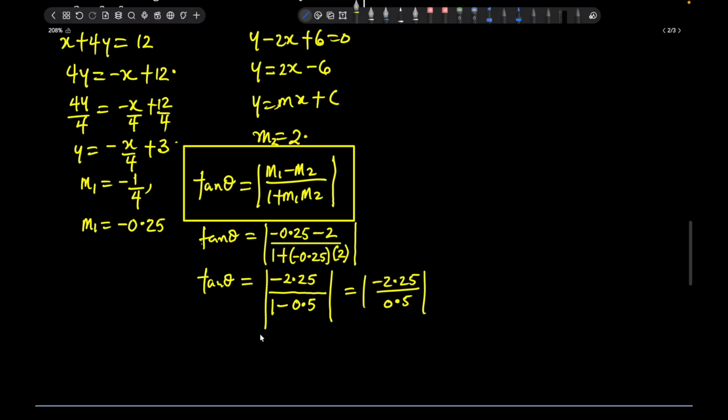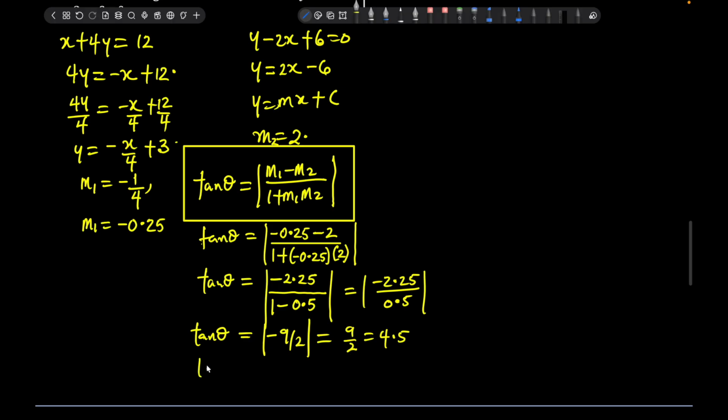Now tan theta equals to, let's divide 2.25 divided by 0.5. The answer I have here is 9 over 2. That is minus 9 over 2. But because this absolute symbol is there, it becomes 9 over 2, because the minus goes away. So you have 9 over 2, which is 4.5 if you are the decimal type.